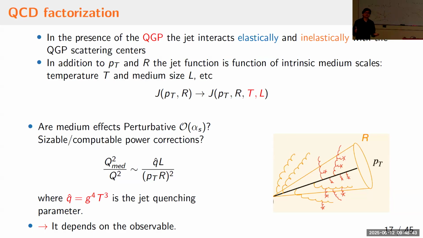All right. So again, the other question is whether the corrections to this jet function are sizable. We know they are sizable, simply because, empirically speaking, the RAA is way below 1. So the interactions are order 1; the interaction is very strong.